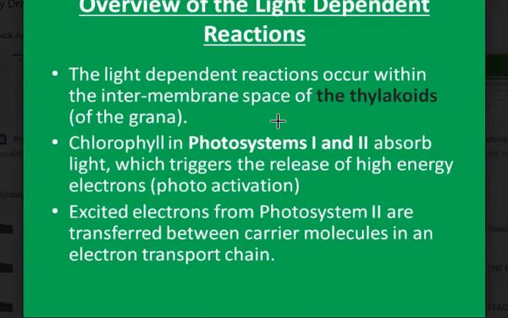Electrons get excited because of the high energy from the sunlight in photosystem 2, and then they are transferred from one carrier molecule to the other in the electron transport chain. The electron transport chain is made up of carrier molecules that transfer electrons.